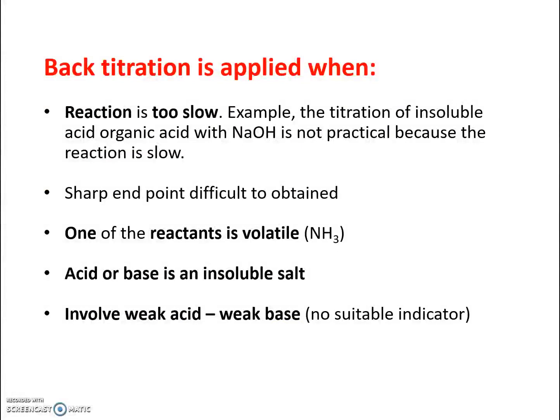Okay. First, the reaction is too slow. Second, a sharp endpoint is difficult to obtain. Next, one of the reactants is volatile, such as ammonia. Acid or base is an insoluble salt, and the reaction involved is between a weak acid and a weak base.